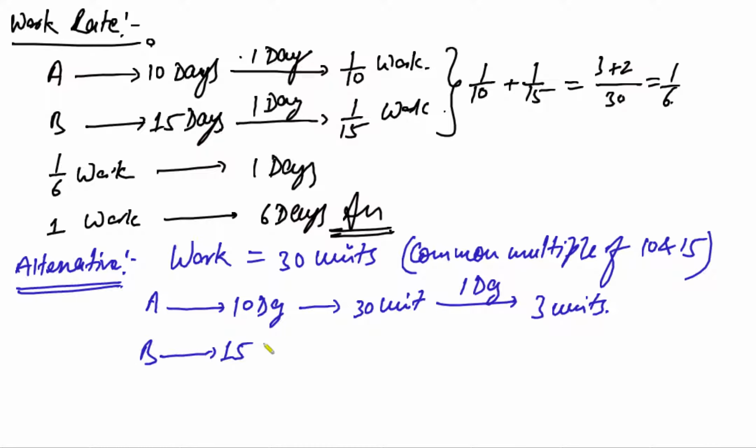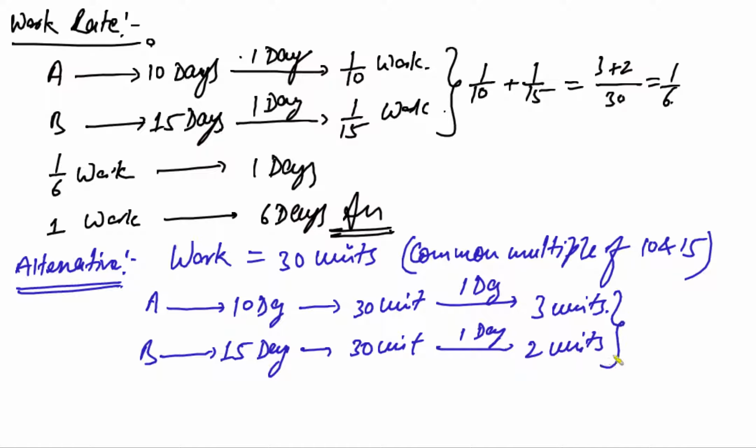Similarly, B in 15 days is finishing 30 units, and with this assumption, B in 1 day will finish 2 units, which means together they will finish 5 units of work, and the total time they'll take to finish the work, which means 30 units, will be 6 days.